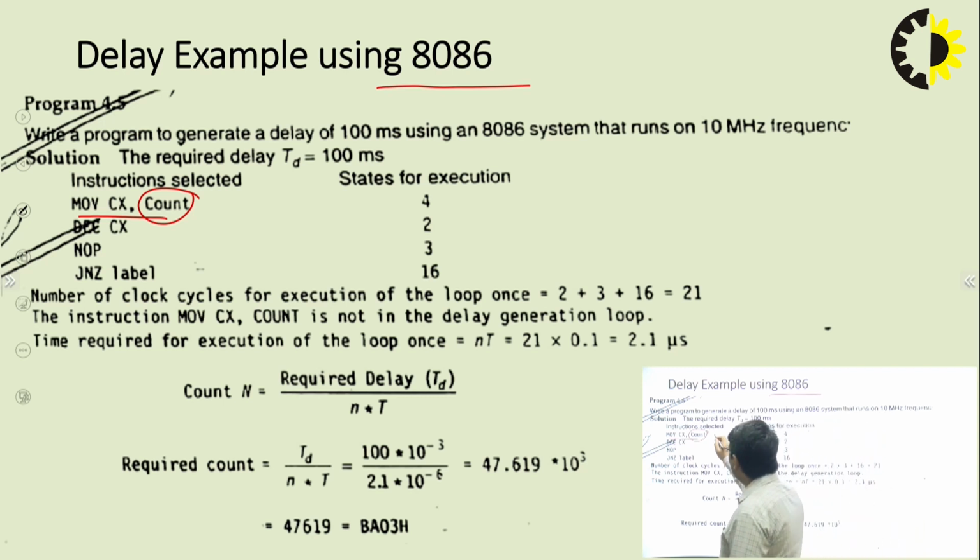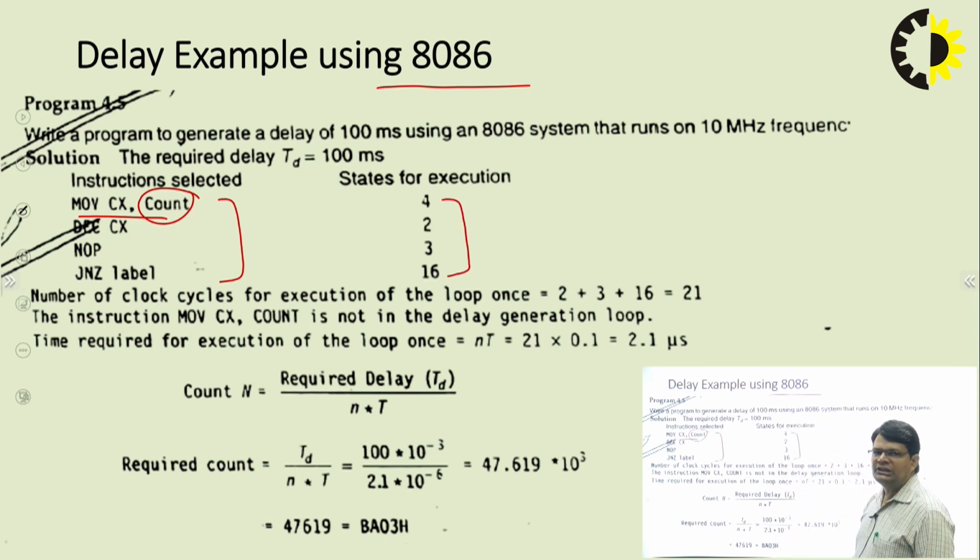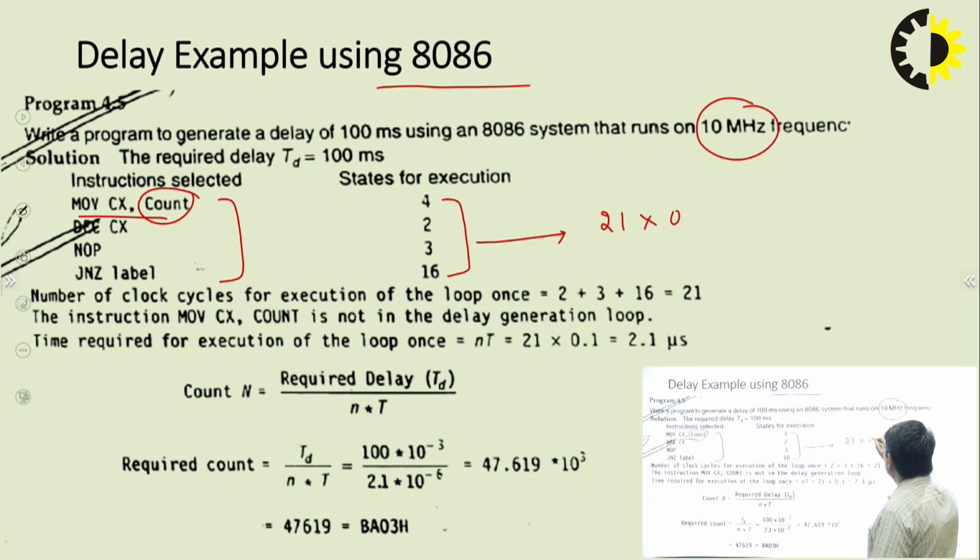Then this is the delay loop, and then we will calculate the total number of T states for executing the loop once. In this case the total number of T states will be 21 and the frequency used is 10 megahertz, so each T state takes 0.1 microsecond.